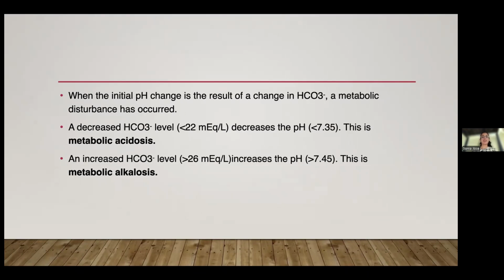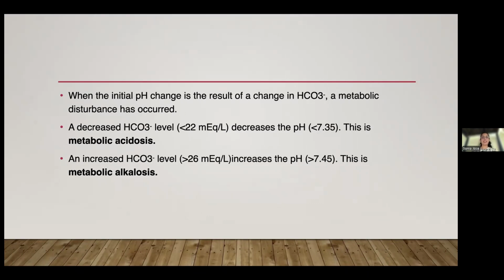So the metabolic is when a change in HCO3 level results in pH changes. HCO3 and pH are directly proportional always. That means if HCO3 is increasing, pH will increase. If HCO3 decreases, pH decreases.